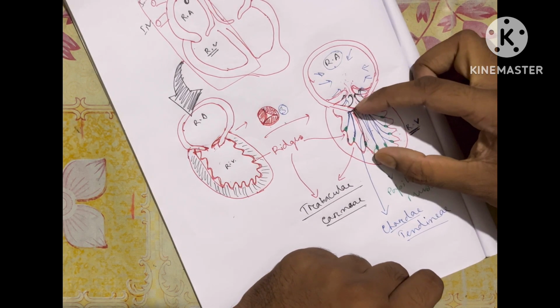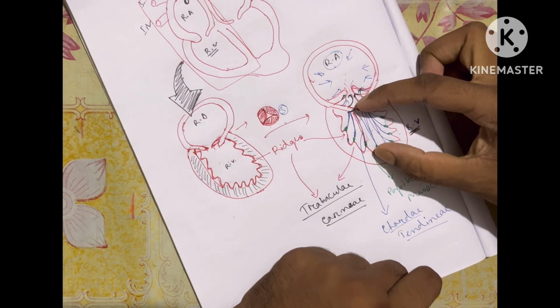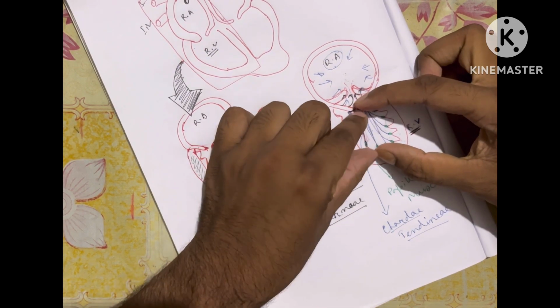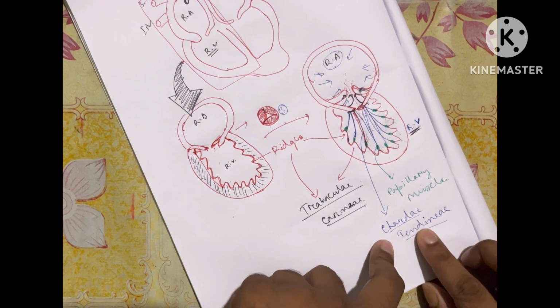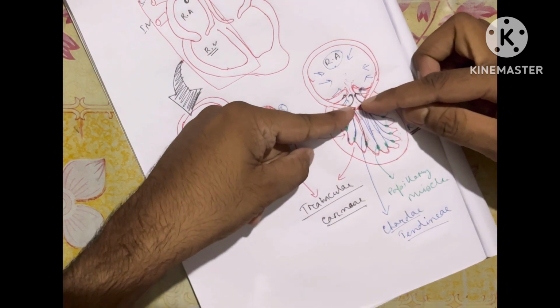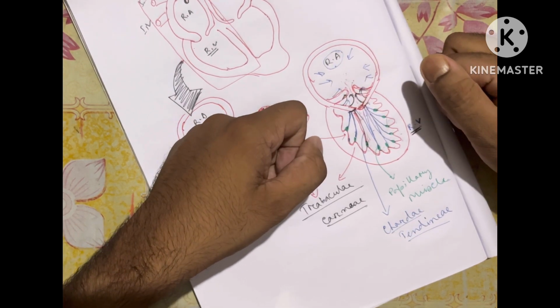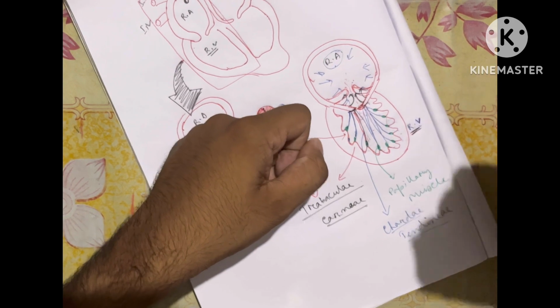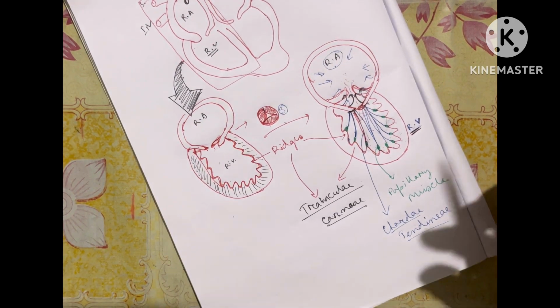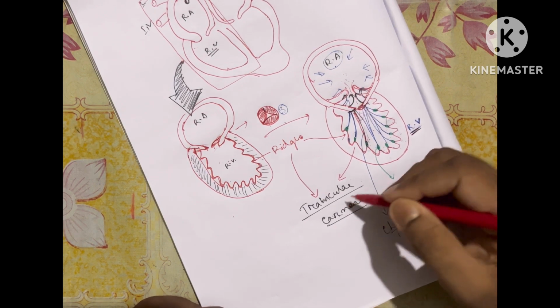When the valve closes, the tension in the trabeculae carneae will be maximum, and it will not allow the valve to turn back towards the right atrium. So this is the whole mechanism of the papillary muscle, chordae tendineae and trabeculae carneae.